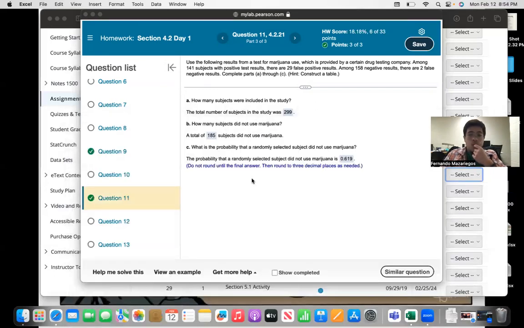Okay, I think that's all for this section. Sorry, I forgot the word. I want to show you a couple of examples from the next assignment, which is 4.2, 4.30.